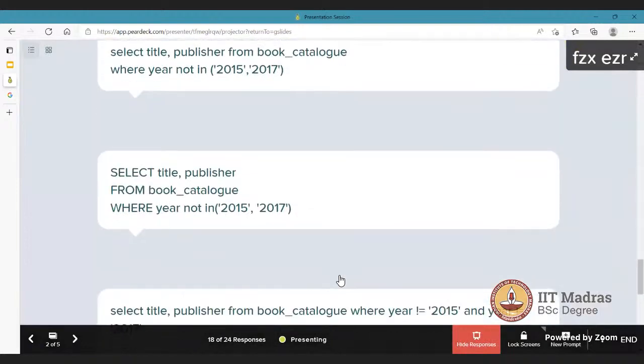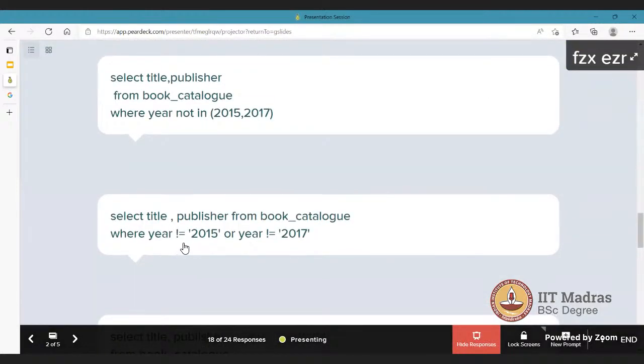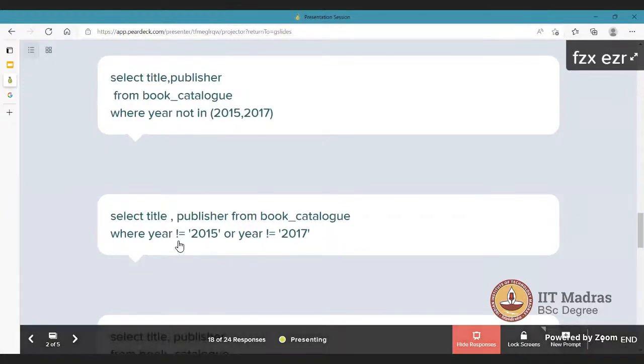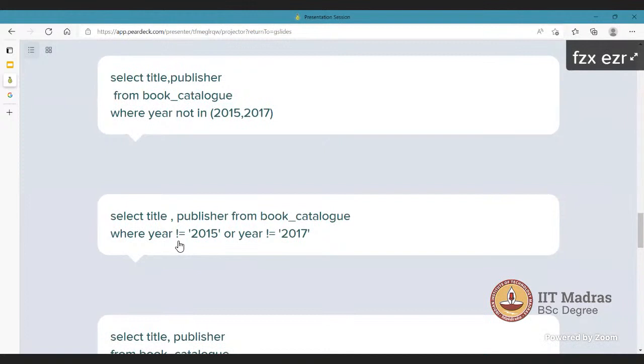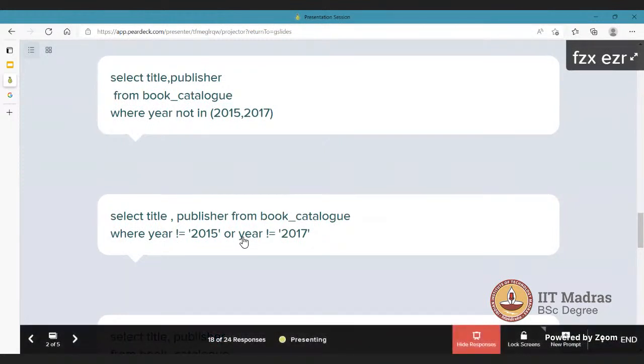In my case, it was working. By not equal to, you mean this one? Prashant, can you be specific about what is not equal to? Like this one, right? I think this works only for integers. The sign is wrong, sir, I think. No, this sign is correct. There are two signs in DBMS, the arrow one and this one.